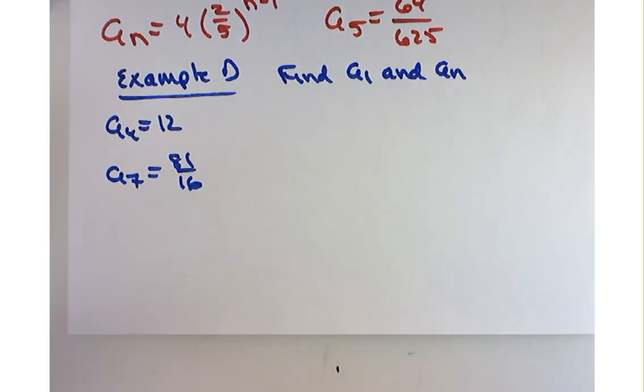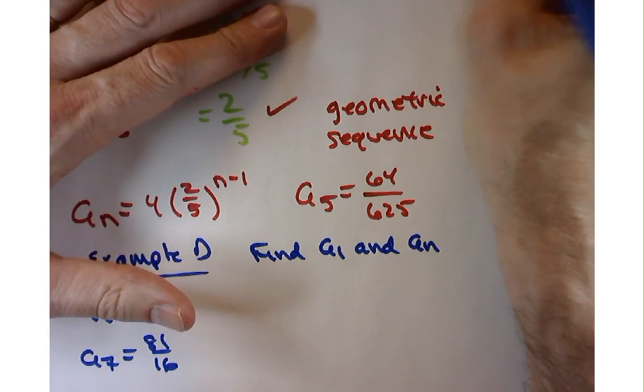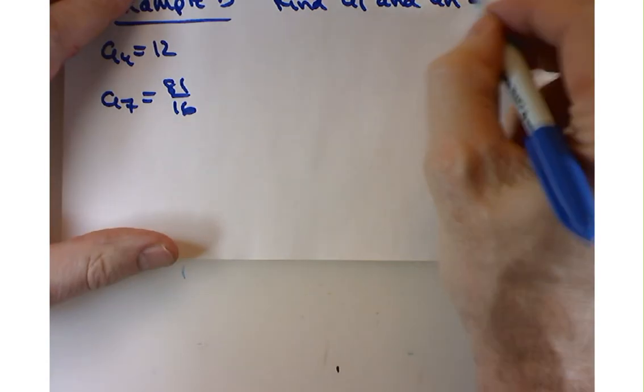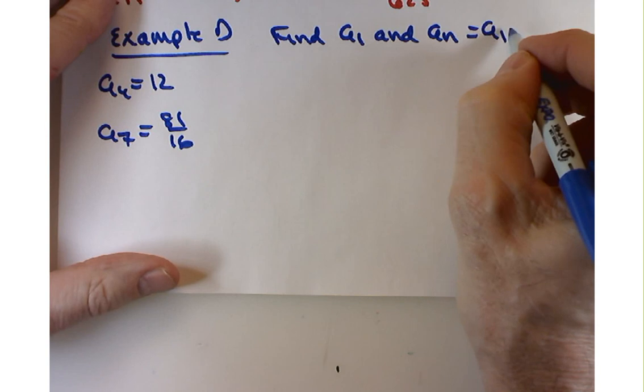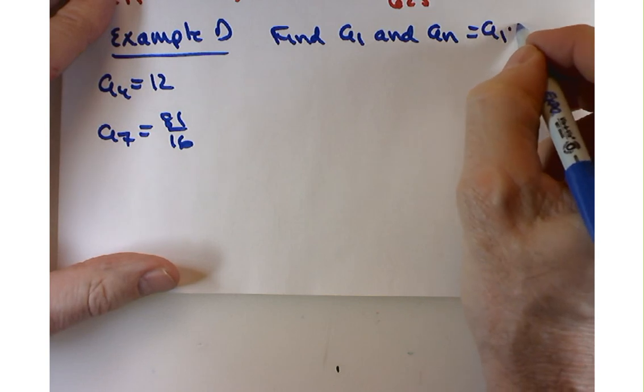Well, I know the general form is a sub n equals a sub 1 times r to the n minus 1.